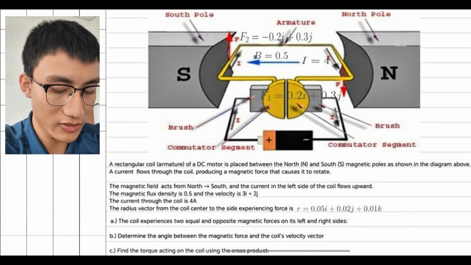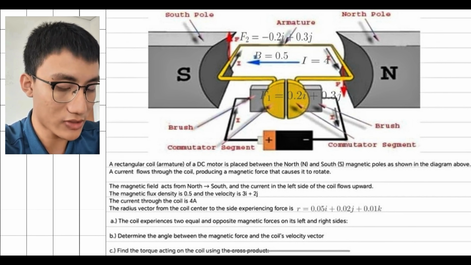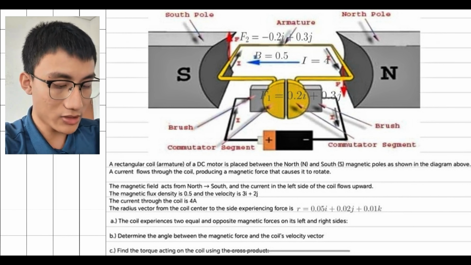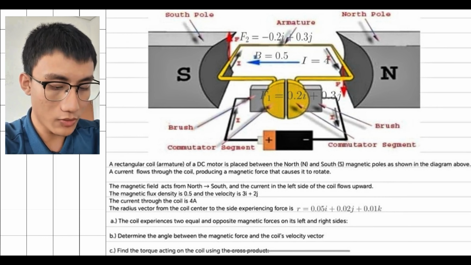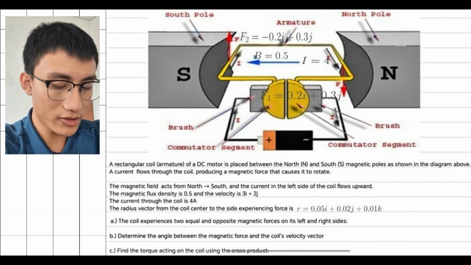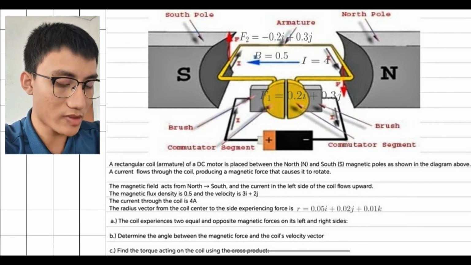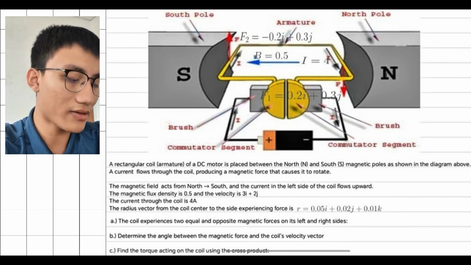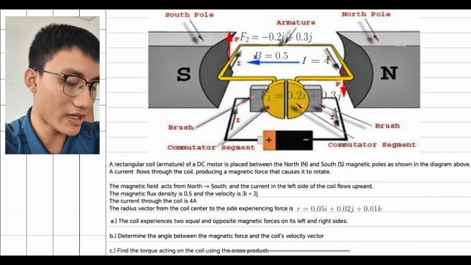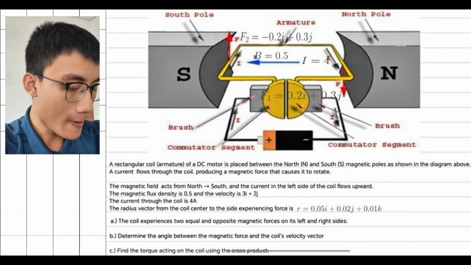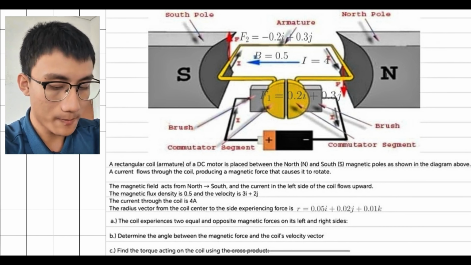The magnetic flux density is 0.5 and the velocity is 3i plus 2j. The current through the coil is 4 ampere and the radius vector from the coil center to the site experiencing force is r equals 0.05i plus 0.02j plus 0.01k.